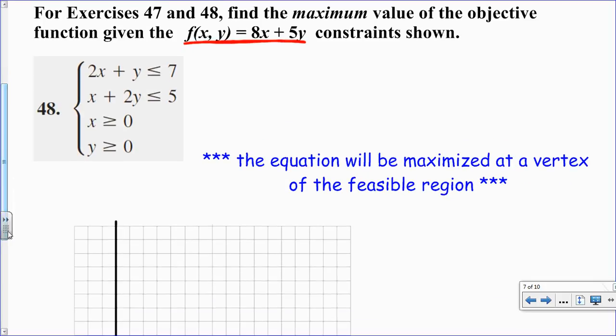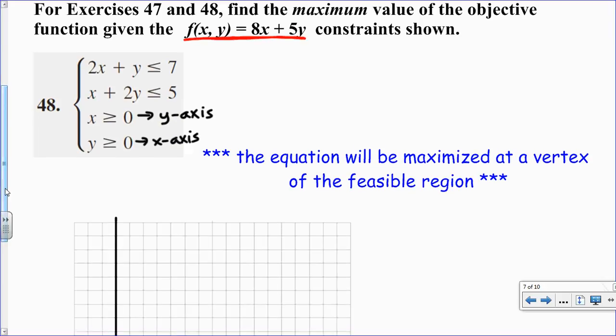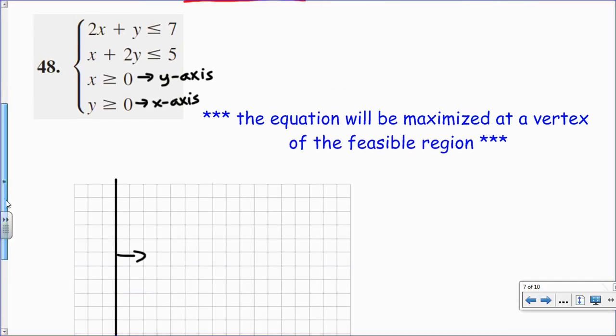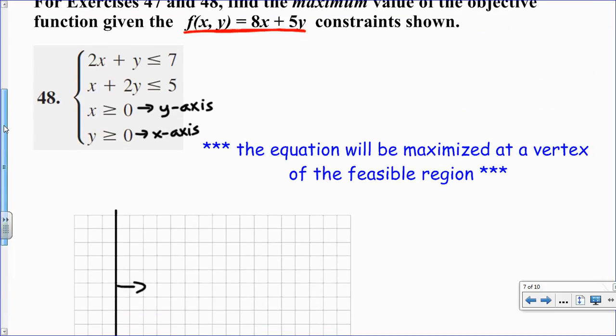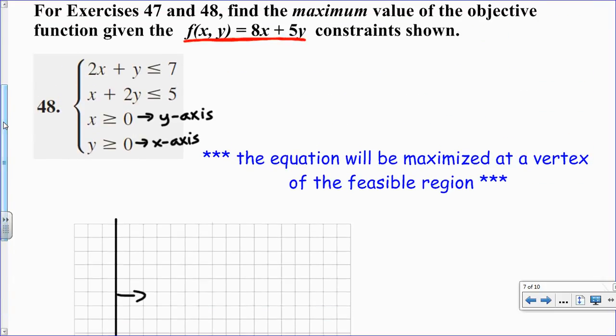So let's graph. This is my y-axis. This is my x-axis. Okay? I want to wait to set my scale. All right, let me subtract 2x. So that's negative 2x plus 7.